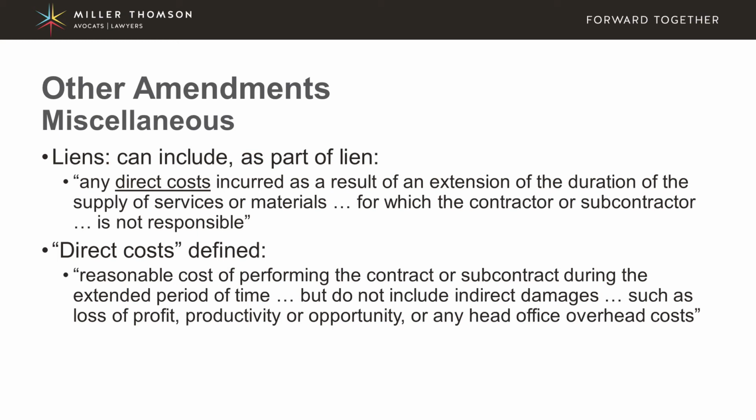But now it's going to be set out expressly in the statute. And these direct costs are also defined in the statute to be the reasonable cost of performing the contract or the subcontract during that delay period, but it can't include indirect damages such as loss of profit, productivity, or opportunity, or any head office overhead cost. So again, it can only be hard costs that have been incurred as a result of the delay.